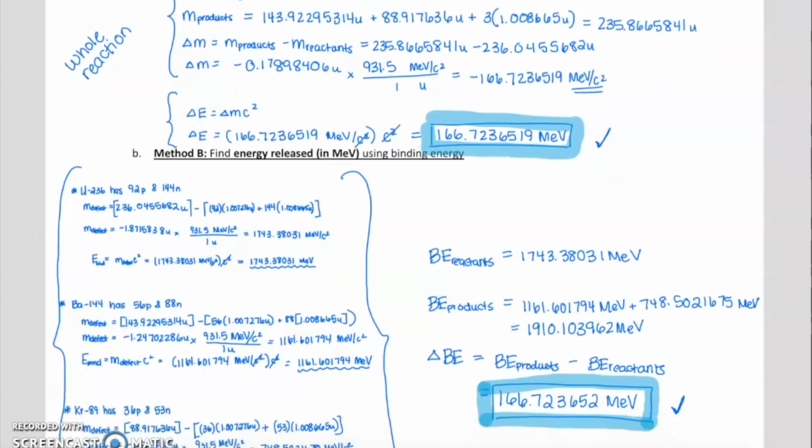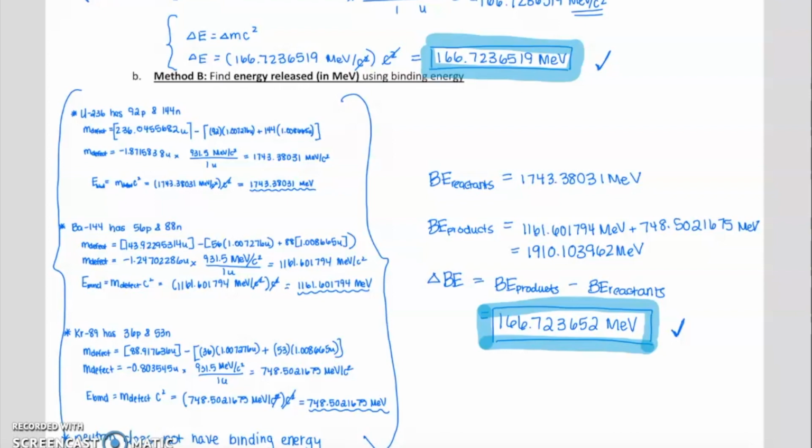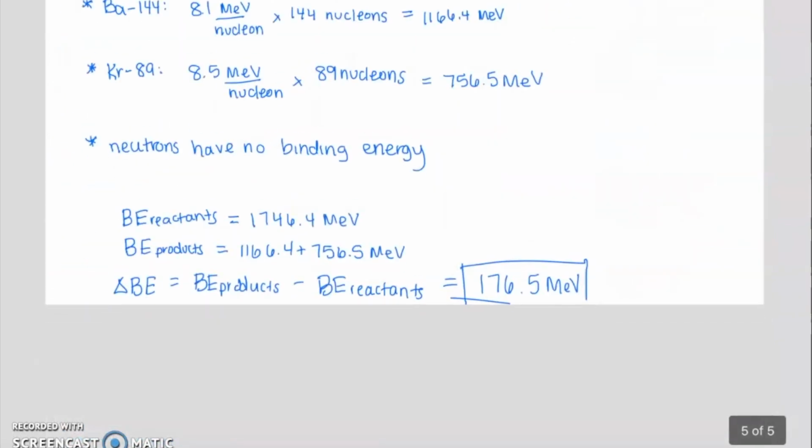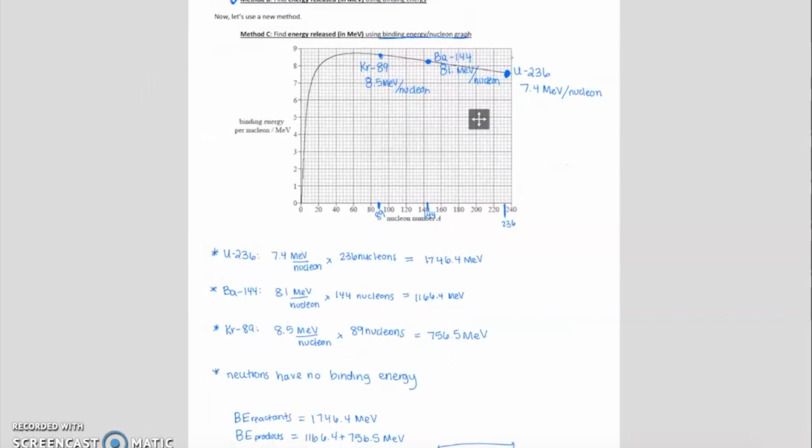But you can also see that we didn't have to go through each individual mass defect and binding energy calculation like we did in part B. We simply had to look at our graph and multiply them by the number of nucleons in order to get to our binding energy. So method C is a little bit faster, kind of nice in that regard, and easy to predict if it's fission or fusion, all relative to that most stable iron-56 element. But it is a little less precise because it is an estimate.